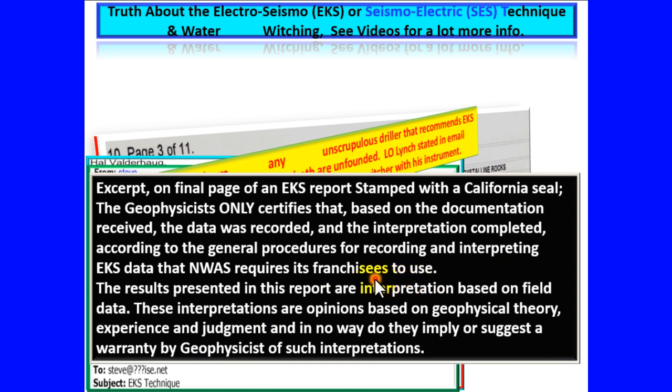The franchisee did the interpretation, and the geophysicist is saying in no way do they imply or suggest a warranty by geophysicists. The geophysicist isn't verifying the gallons per minute, he's not warranting them, nor the depth of such interpretations. This is almost a disclaimer. He is putting on a disclaimer as to what Northwest Aquifer Systems is advertising that they could do for the client.